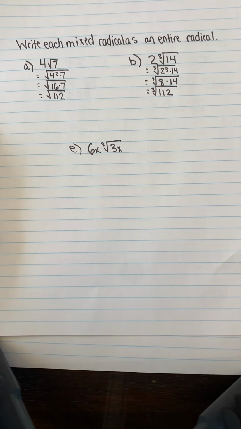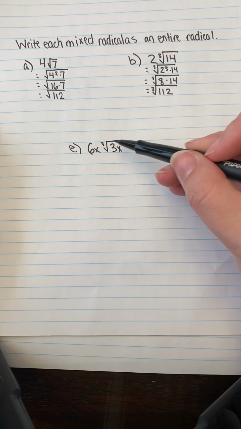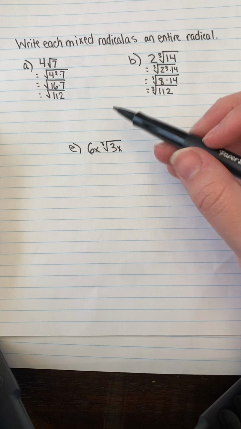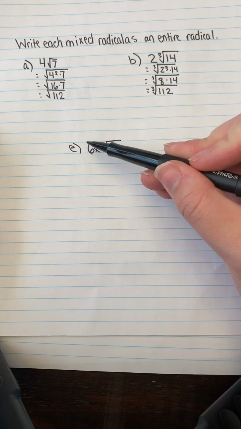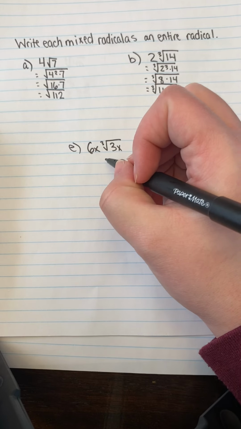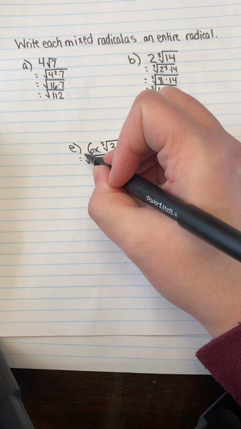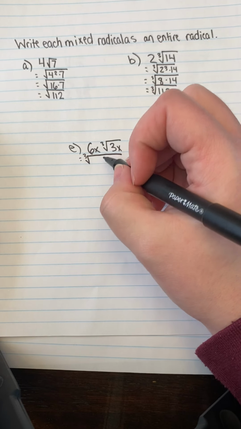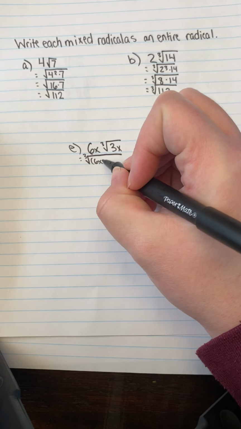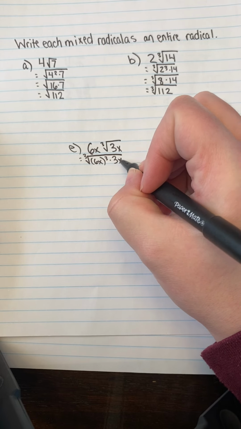Don't forget that. Now let's look at E with variables, our favorite. We need to do the exact same thing. This is a cubed root, an index of 3, so we need to cube this whole coefficient, 6x cubed. We write our root symbol. In brackets, put the coefficient to the power of 3 times 3x.